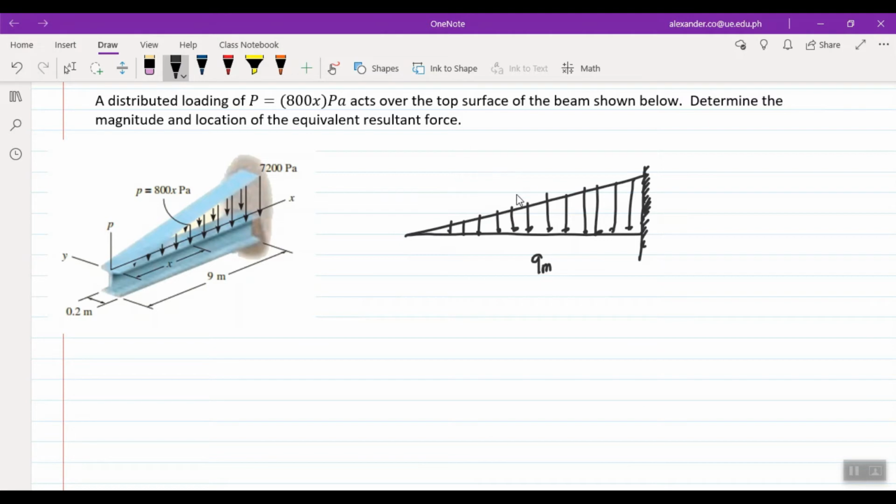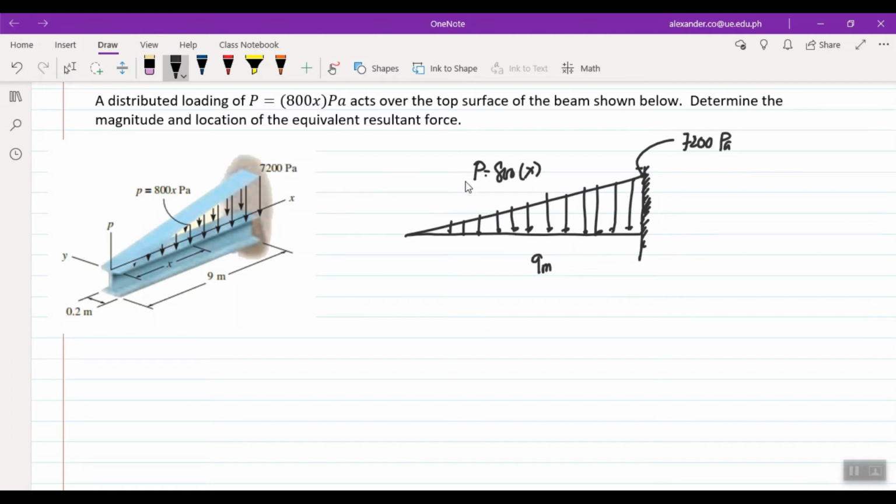And this one here, sabi dito, this P is equal to 800 times any distance x, but in Pascal. Tapos, yung dulo, nakalagay yan, 7,200 Pascal. Now, sabi nga kanina, since it has a uniform width na 0.2, pwede kong sabihin na i-multiply ko na ng 0.2 yan.